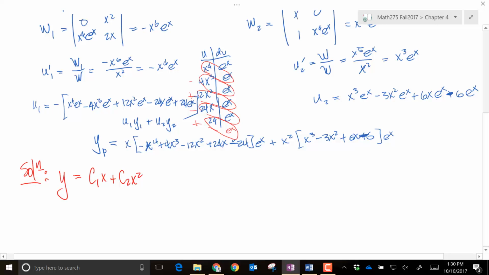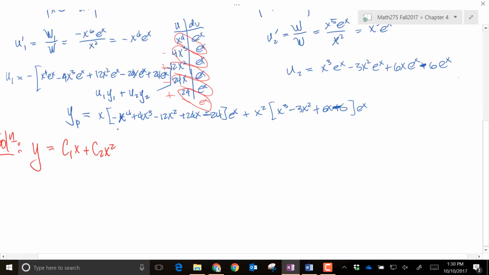I didn't factor out the first x. That came from y1.